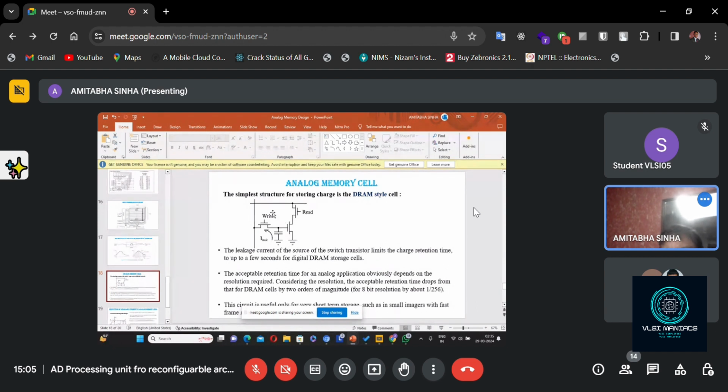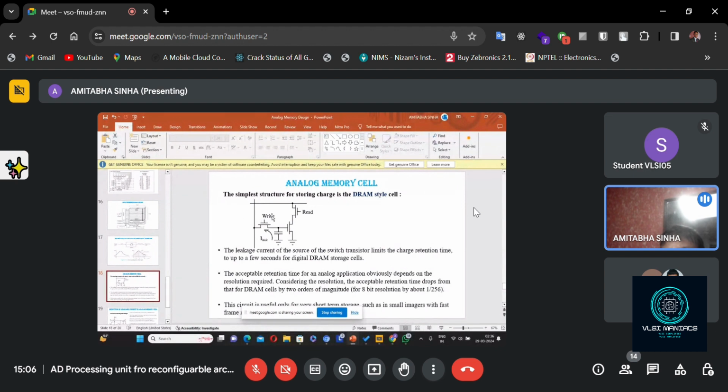Write means the write signal should be enabled, and in the vertical line you give the analog sample data. Then, since it is an NMOS transistor, the data from the source will go to the drain or vice versa, and the capacitor will be charged. So that means data is stored.